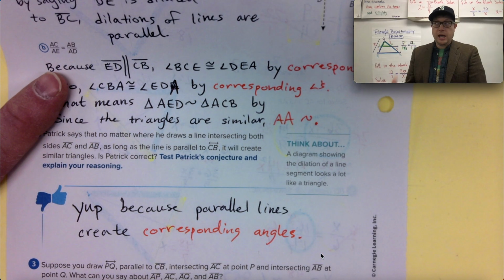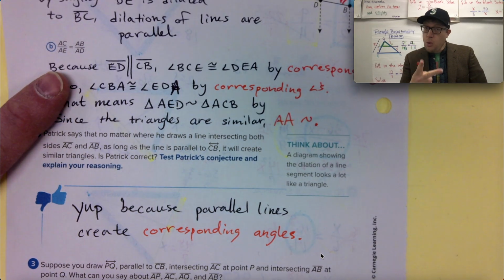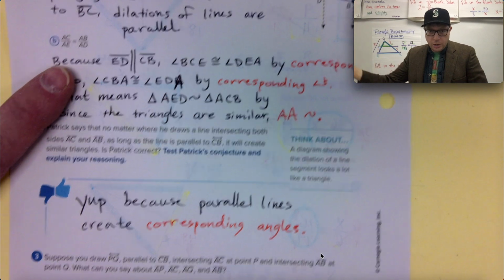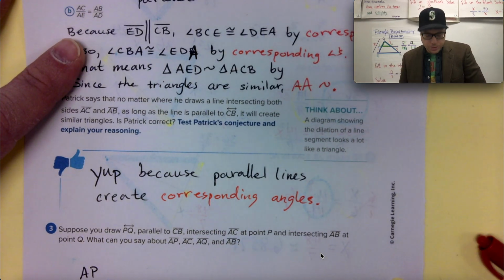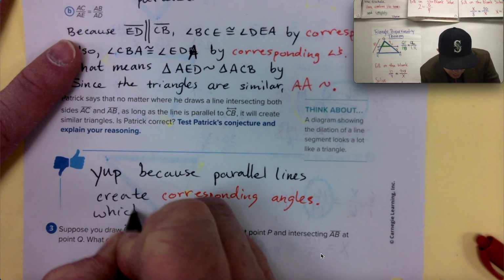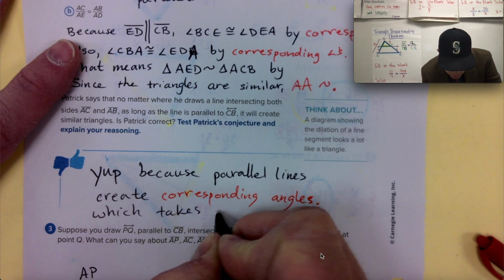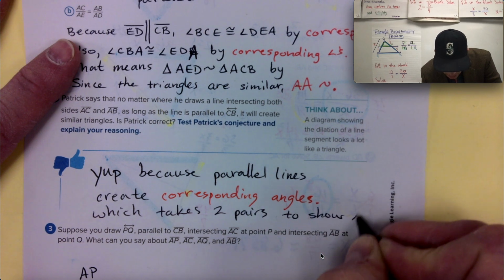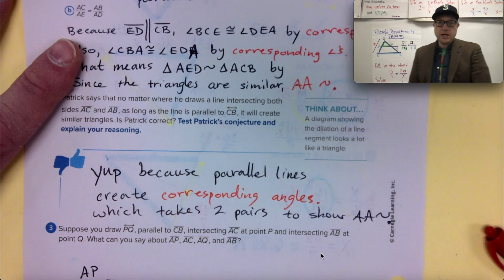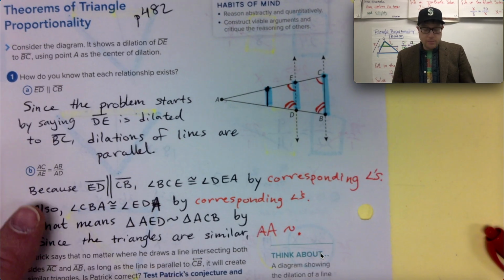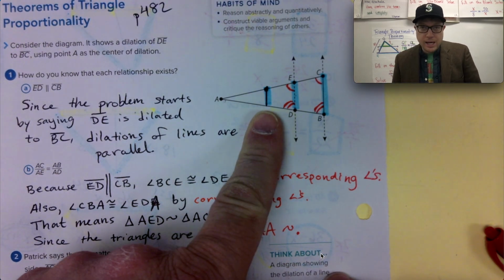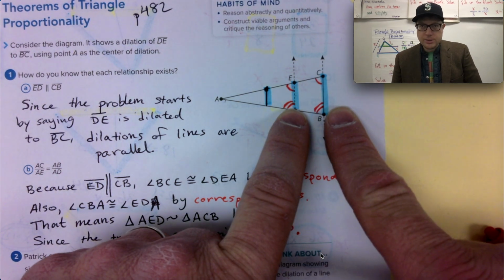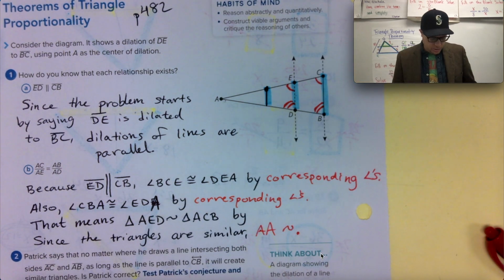If corresponding angles are created, and there's two of them in one triangle that correspond to two angles of another triangle, then that makes the two triangles similar, which takes two pairs to show angle-angle similarity. So he's totally right. In other words, it doesn't matter where you draw any other line segment, as long as that line segment is parallel to the others, then you've created similar triangles.